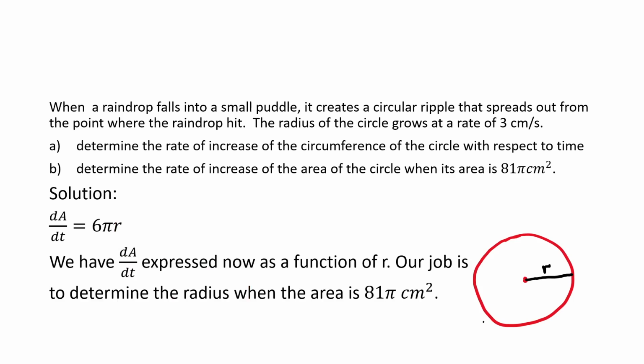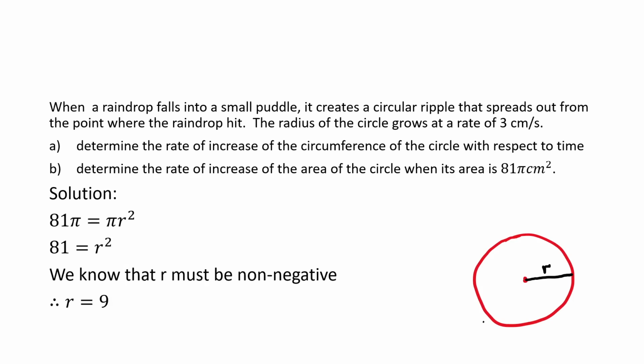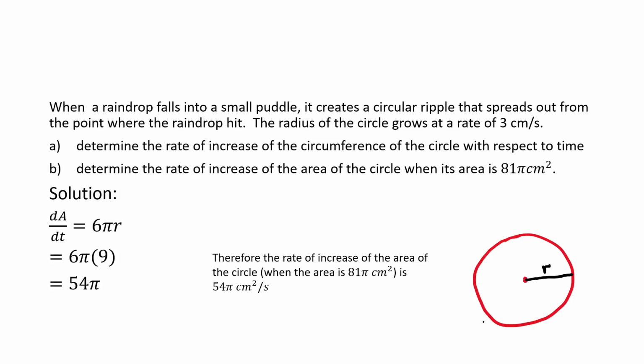So we have dA over dt expressed as a function of r. Our job is to determine the radius when the area is 81 pi centimeters squared. I'm saying 81 pi equals pi r squared, which means 81 is r squared, which means r is 9. And we can now sub that into our formula for dA over dt, with an r value of 9.